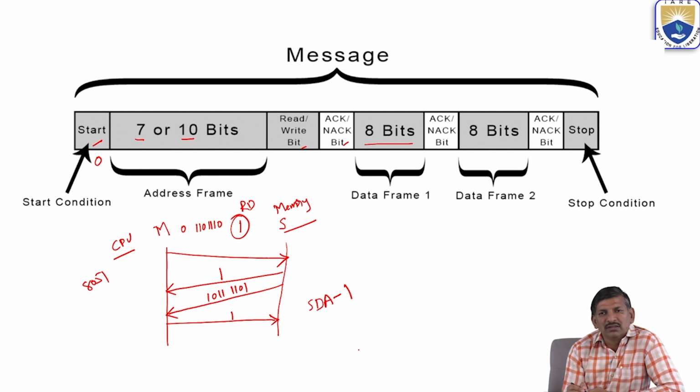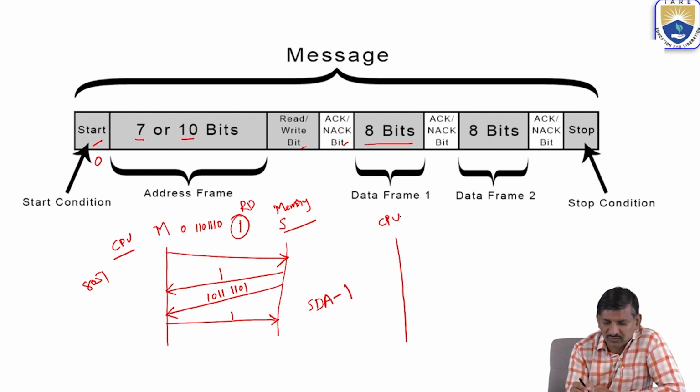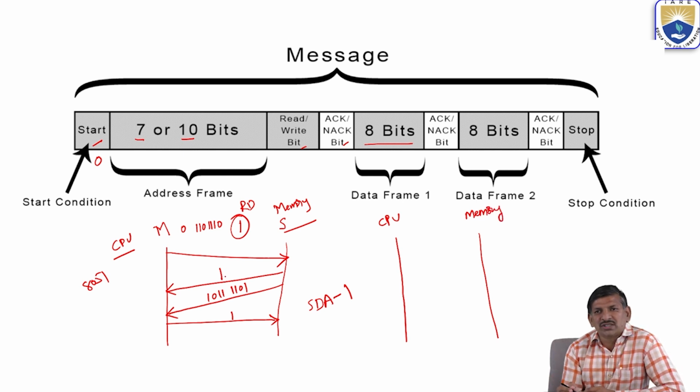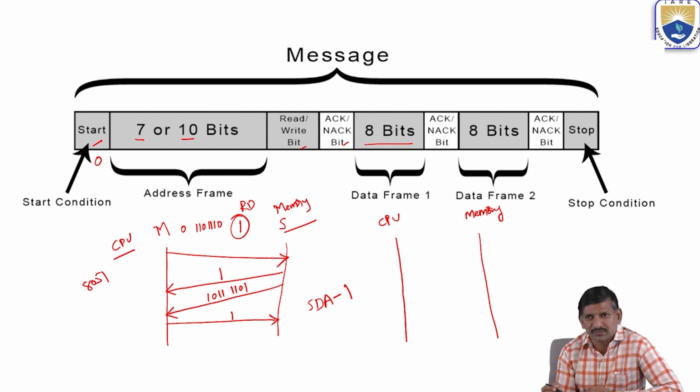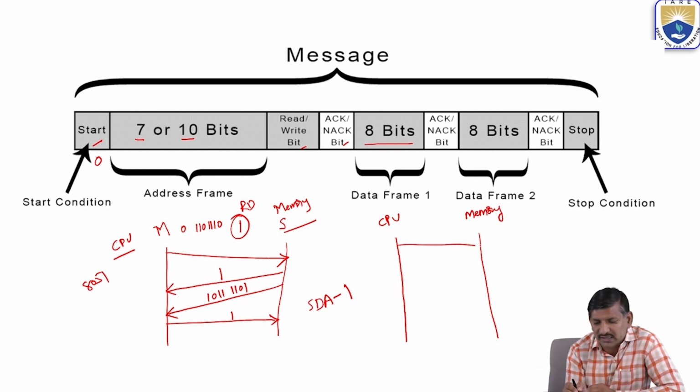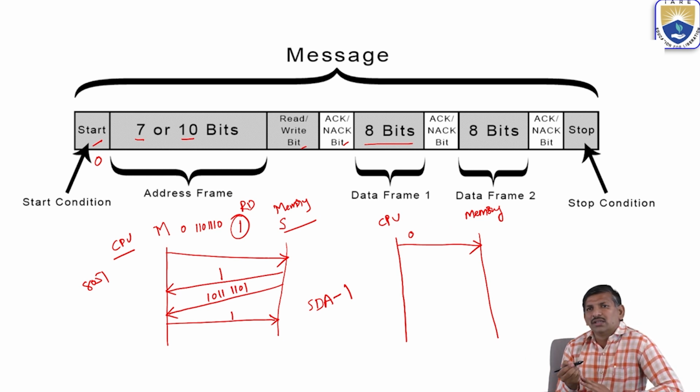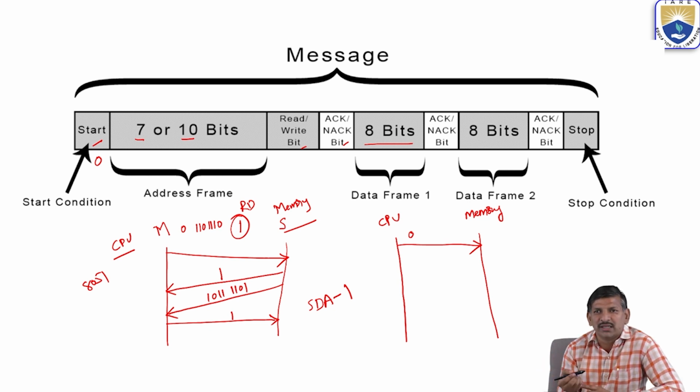In the same manner, if you want to write the data: after performing the operation, the CPU wants to store the result. At that time, it sends a request, I want to write the data. For that, start of the frame is 0. Next, to which memory device? Because there are many memory elements: RAM, ROM, cache memory.